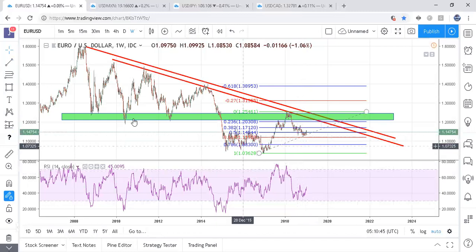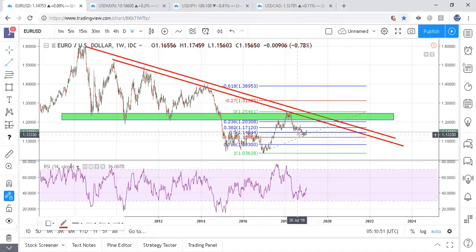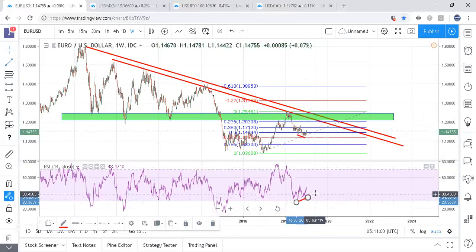So I'm seeing some weekly divergence there. For people who don't know what divergence is, it is when the RSI is doing the opposite. Price is going down, and the RSI is going up. So they're doing the opposite instead of following what they're supposed to do.